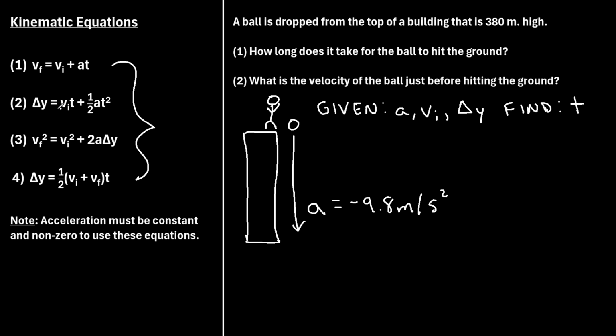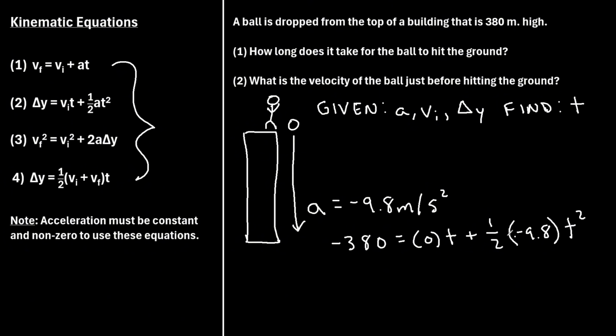So let's go ahead and write that out. We have the displacement, which we said was negative 380, is equal to the initial velocity times the time. Again, the initial velocity of this ball is 0. So we have 0 times t, which we don't know, plus 1/2 times the acceleration, which we said is negative 9.8. And then that's multiplied by t squared.